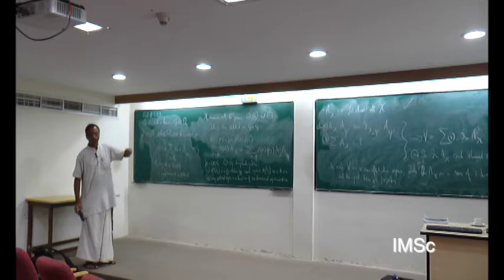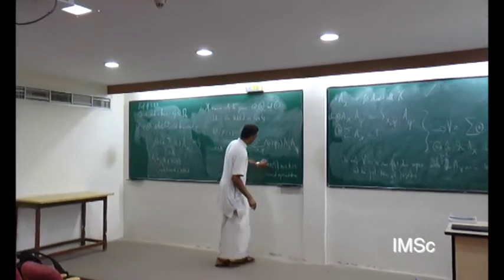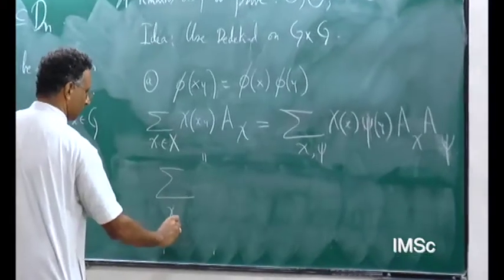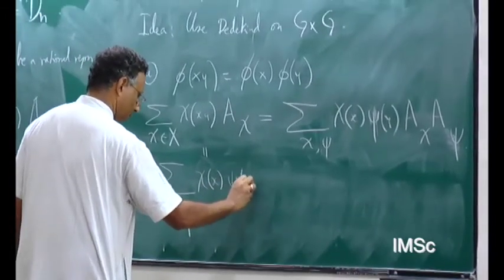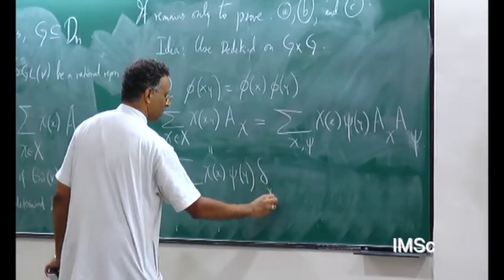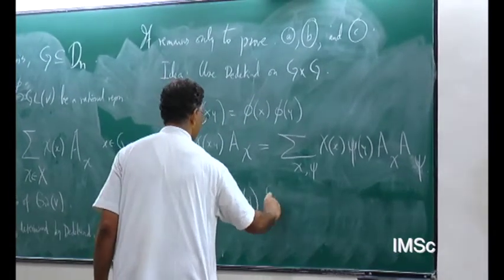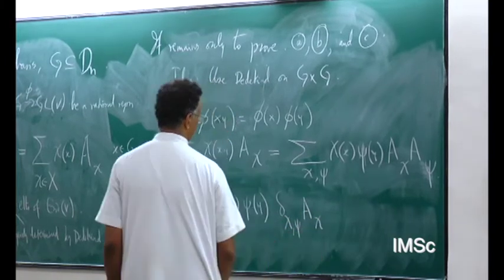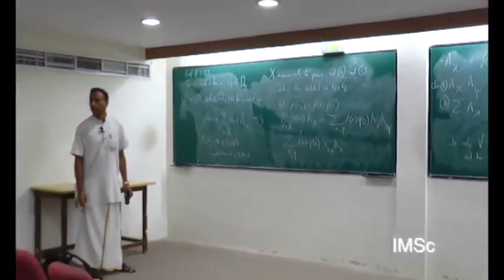So what I mean is, I'm going to write this as, so chi of x, that's just a trick, I want to make it look like that.